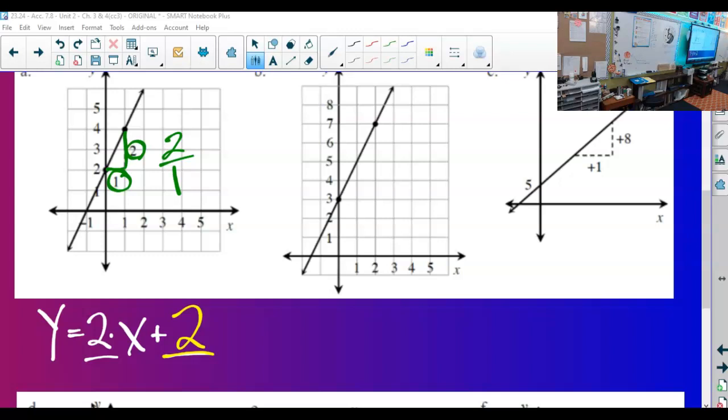It goes down by 2, so y equals negative 2x plus 8. Okay, I'm gonna write rules for all of these. You need to have y equals x plus for all of these.